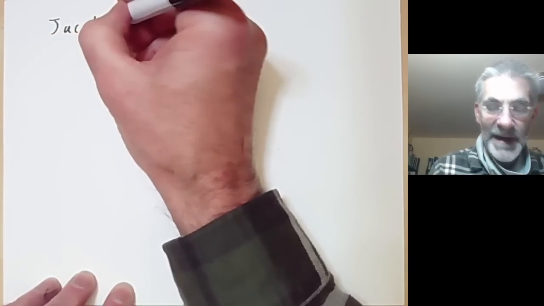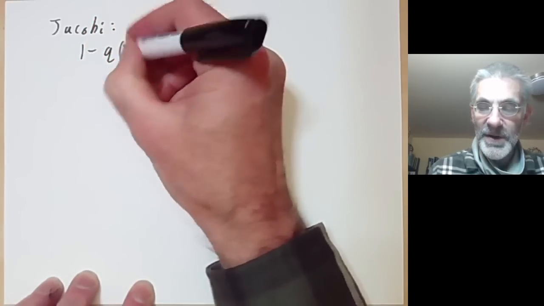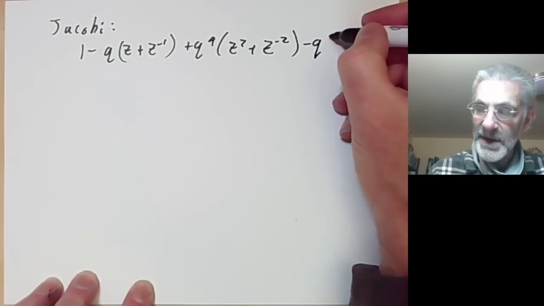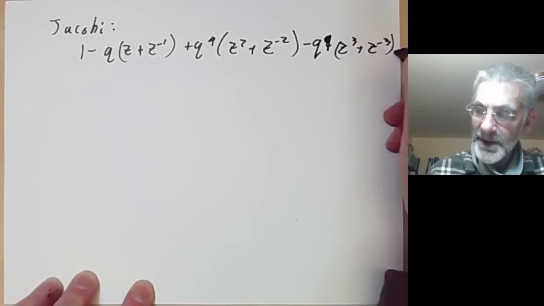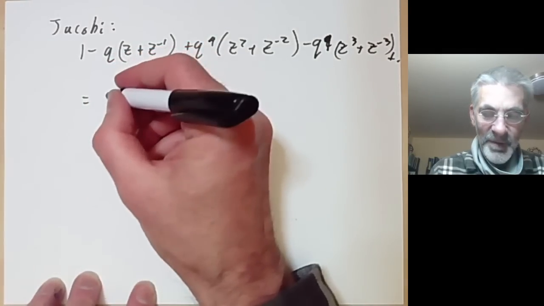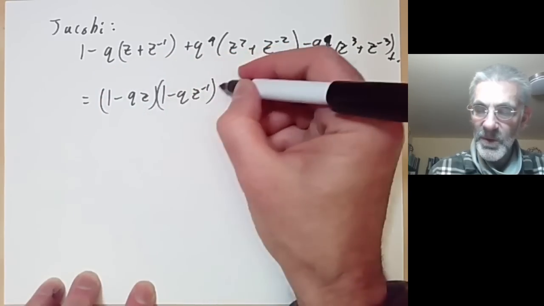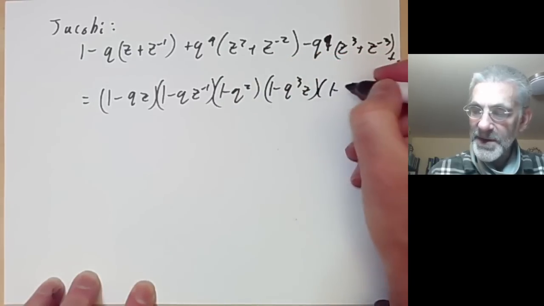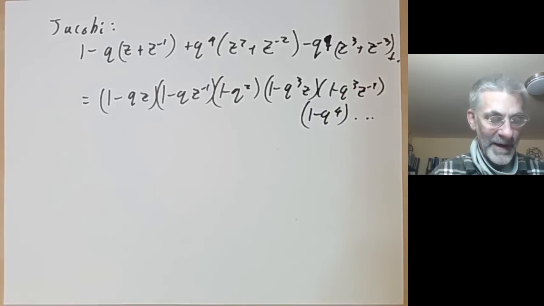For another example, let's look at the Jacobi triple product identity. So this says that if you take 1 minus qz plus z to the minus 1 plus q to the 4 z squared plus z to the minus 2 minus q to the 9 z cubed plus z to the minus 3 and so on, this is equal to the following infinite product: 1 minus qz, 1 minus qz to the minus 1, 1 minus q squared, 1 minus q cubed z, 1 minus q cubed z to the minus 1, 1 minus q to the 4, and you sort of keep on going like that.